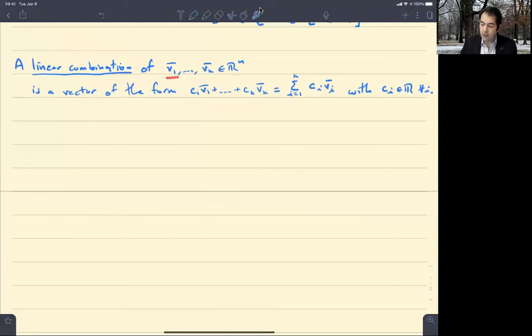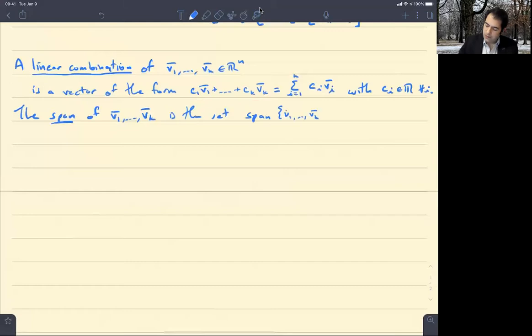Right? So I give you v1 through vk, and now you're allowed to do scalar multiplication and vector addition, and these are the vectors you can construct in that way. The set of all such vectors is going to be called the span. So the span of v1 through vk is the set, and we'll either denote it by writing out span of v1 through vk, or we'll use angular brackets and then just put the list v1 through vk.